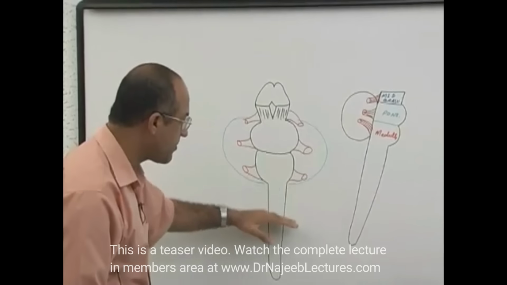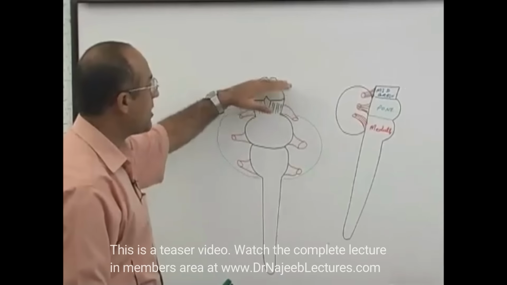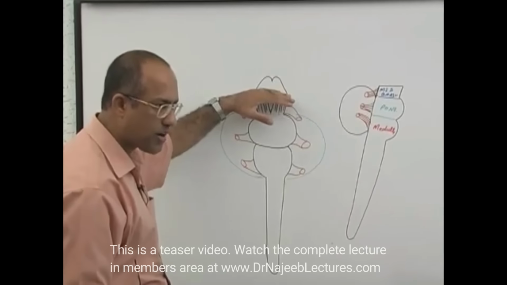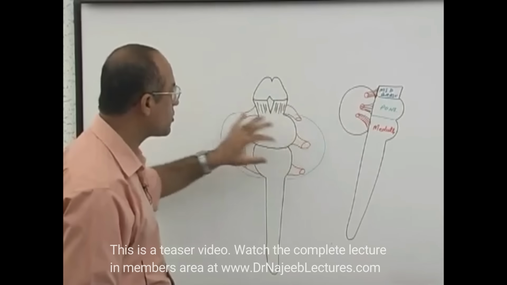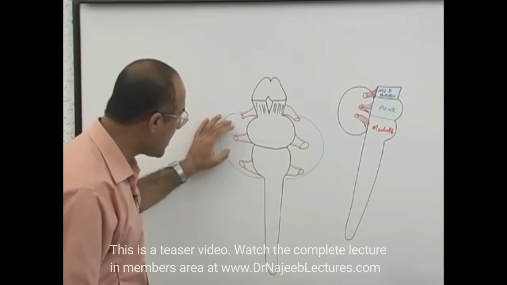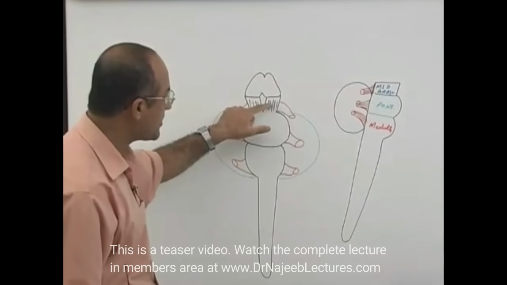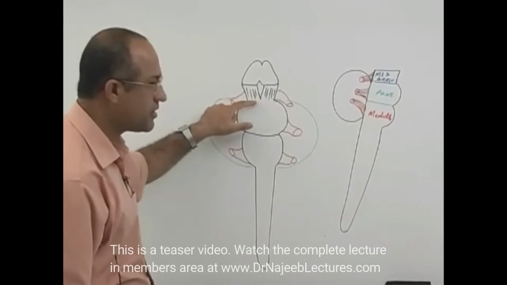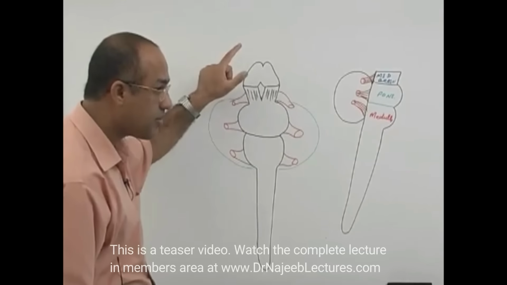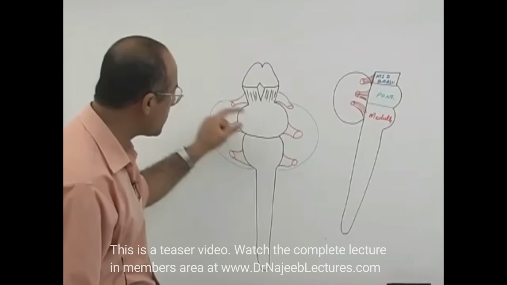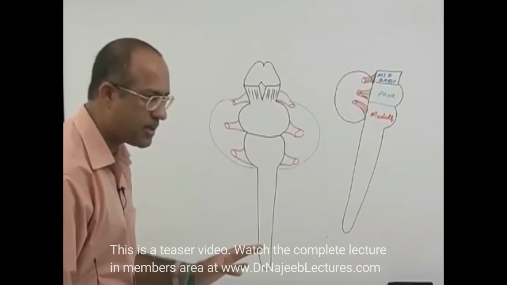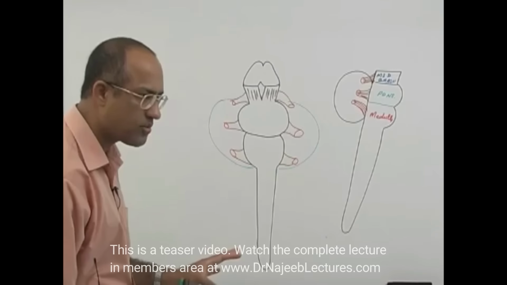This view is very clear: there is the brain stem, inferiorly it is connected with the spinal cord, above it is connected with the forebrain, and posteriorly it is connected with the cerebellum. These frontal structures seen are the cerebral peduncles, and these side white matter bundles are the cerebellar peduncles. Any question up to this?